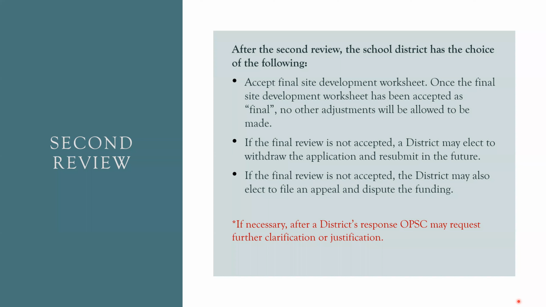The district may also elect to file an appeal and dispute the findings. But just know, if necessary, after a district response, OPSC may request further clarification or justification. For example, if you get your second review and PBT is still unclear on certain things, we can still ask you to submit extra documentation for us to review during this time.